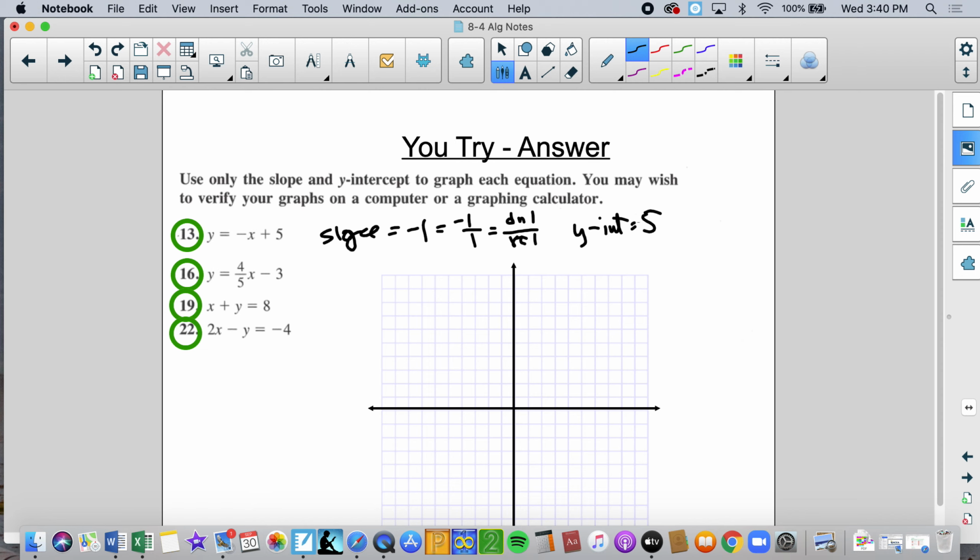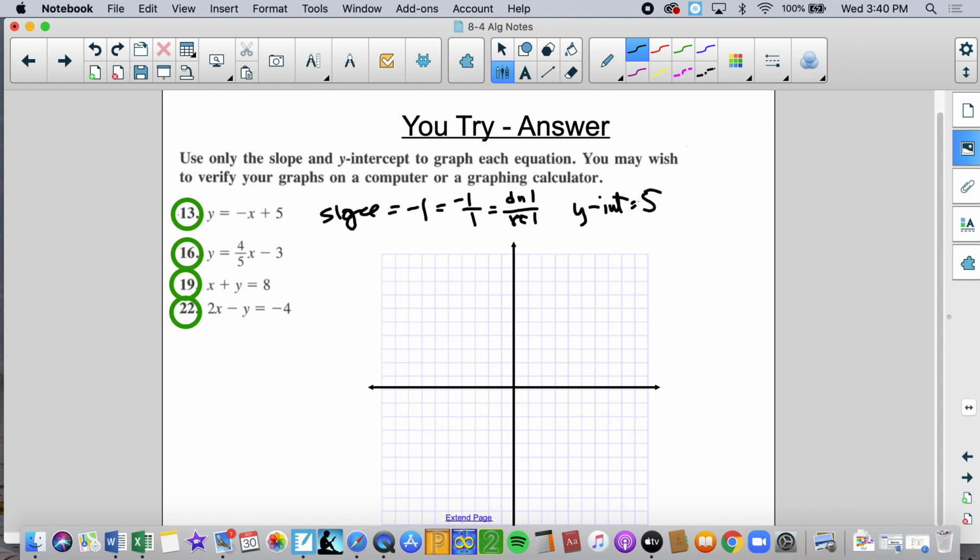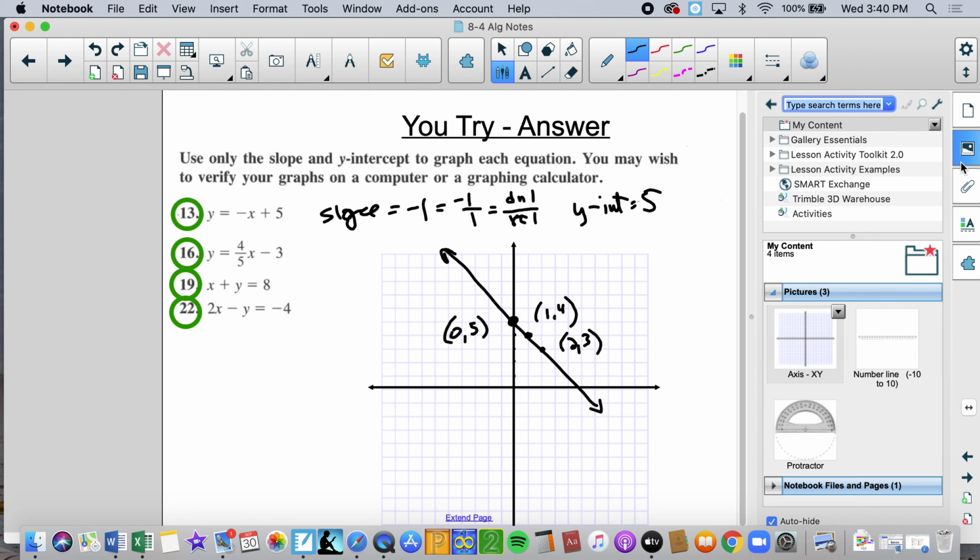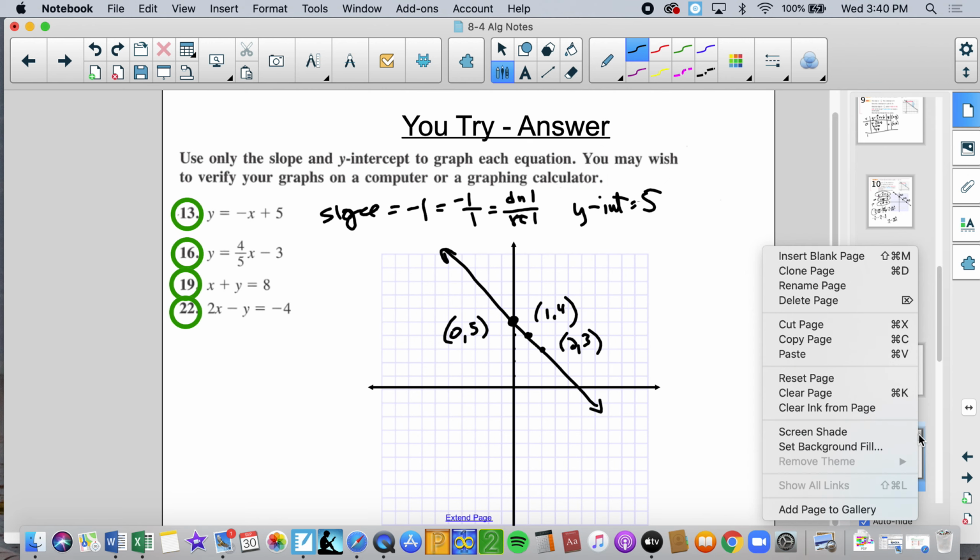My y-intercept is 5: 1, 2, 3, 4, 5. I know that point. And now I'm going to use the slope of -1, which is down 1, right 1, down 1, right 1. I connect the dots. I put arrows on my lines. I'm going to label my points (0, 5), (1, 4), (2, 3). And then I'm done.